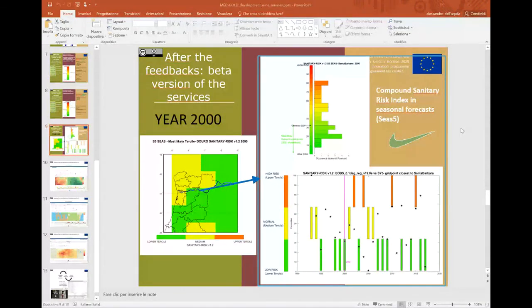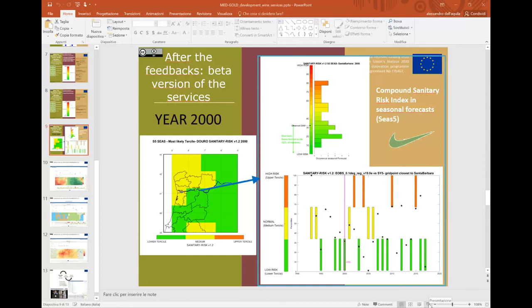In this kind of figure here, you can have the assessment, in this case for the sanitary risk, but we have also produced the same kind of time series for all the bioclimatic indicators.